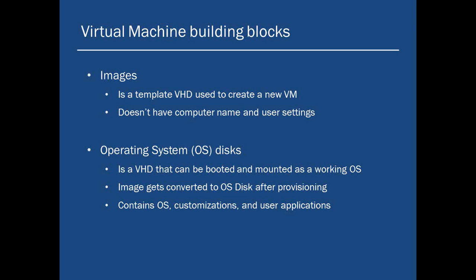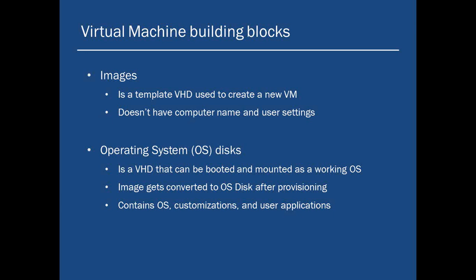And this operating system disk is stored in your storage mechanism on Azure. This disk will have the OS customizations, the user customizations, and whatever applications you may want to install. So this is what is your operating system disk.